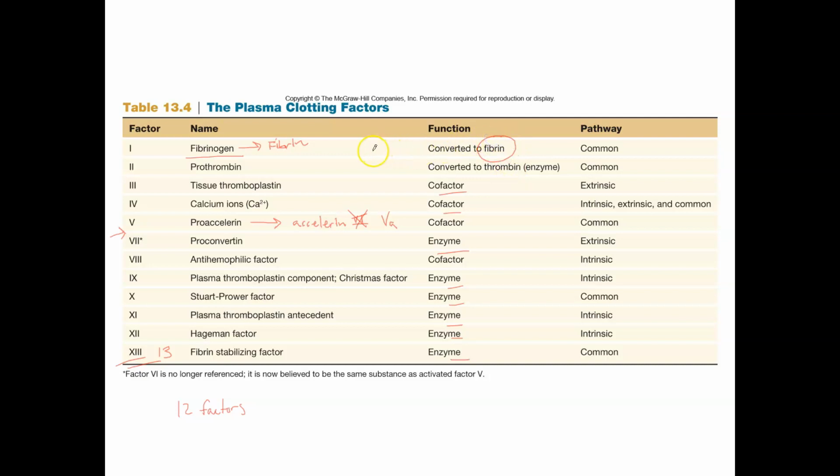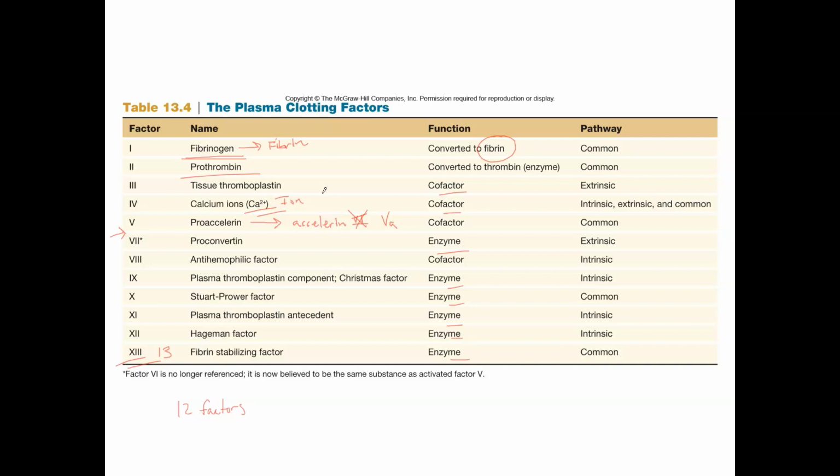So really the main two clotting factors are going to be prothrombin and fibrinogen as part of the common pathway. The rest of the factors are cofactors or enzymes. You'll notice even calcium, which is an ion, right? Calcium's an ion, but it's listed as a clotting factor. Okay, so there are a variety of proteins that are used within the coagulation pathway.